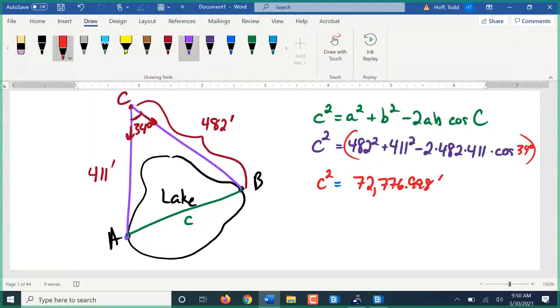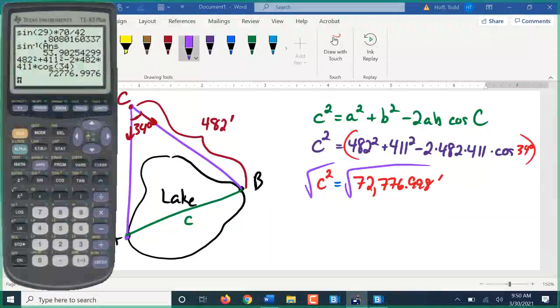I have to square root that. I take the square root of that number: 269.77.